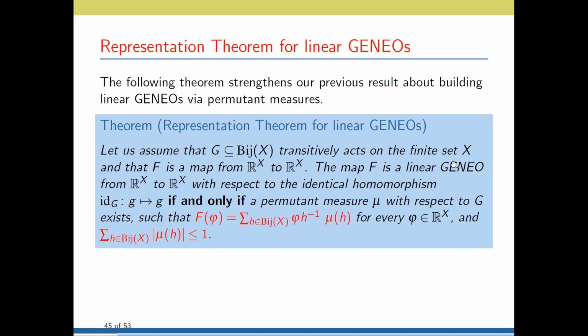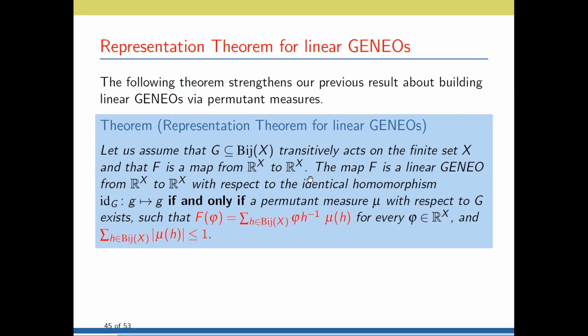Transitively means that for every pair of points x1 and x2, you can find at least one element in the group that takes x1 to x2. Now, let us assume that f is a map from the set of all functions from X to R to itself.